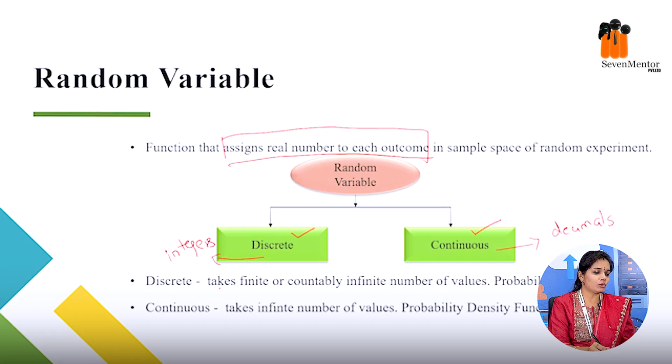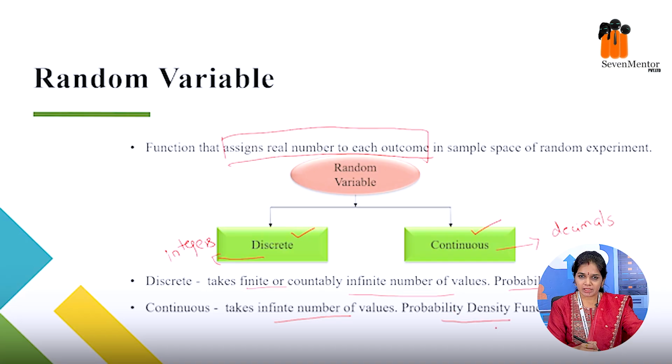Clear? So the technical definition: a discrete variable takes finite or countably infinite values. The function associated is the probability mass function. Continuous takes an infinite number of values, and the function associated is the probability density function.